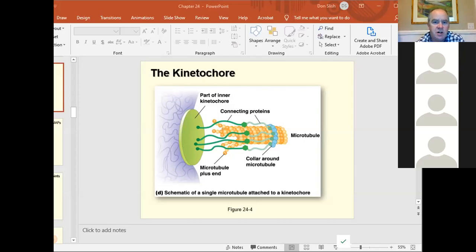Here's another protein called condensin. Love it when a protein tells you what it's doing. So condensin is going to be involved in condensing those chromosomes. When it gets phosphorylated, it gets activated.